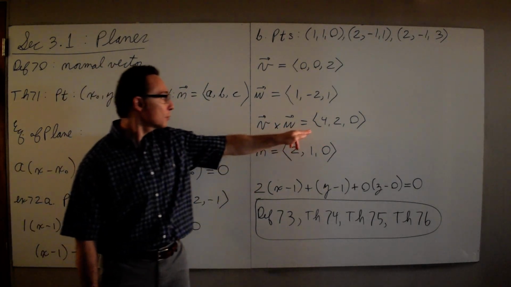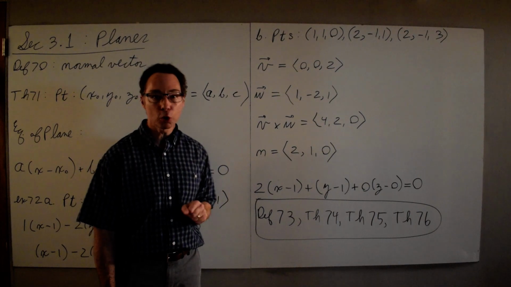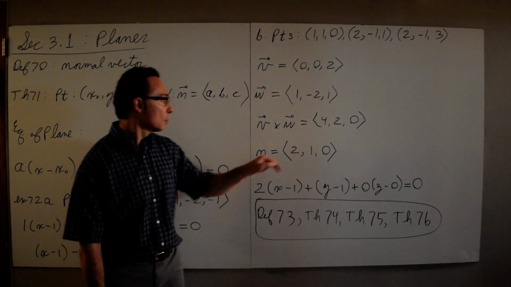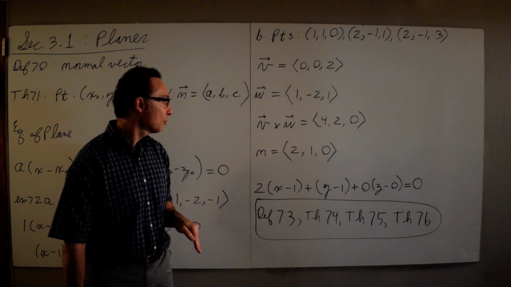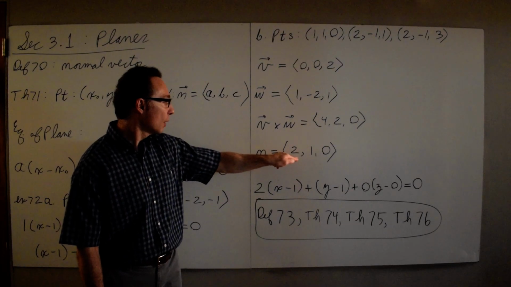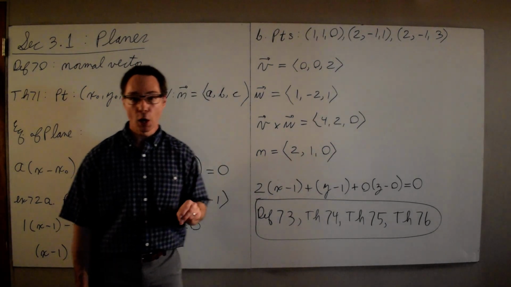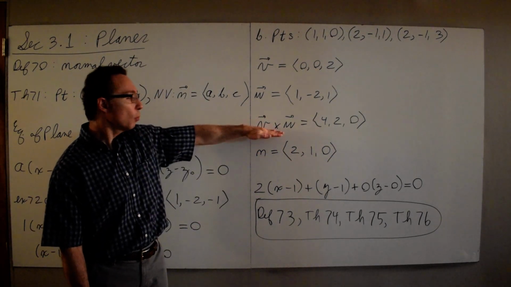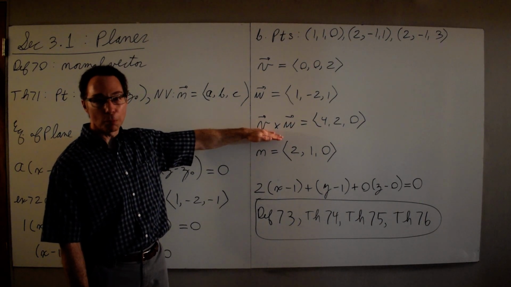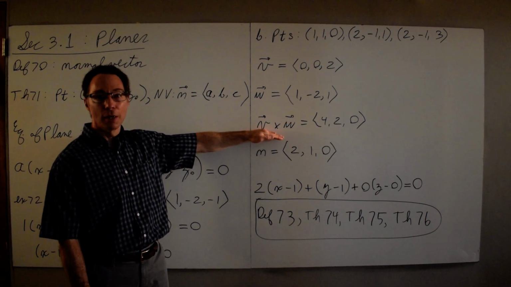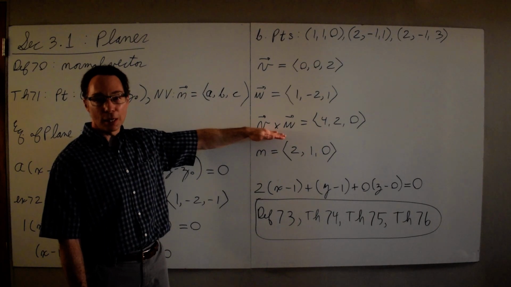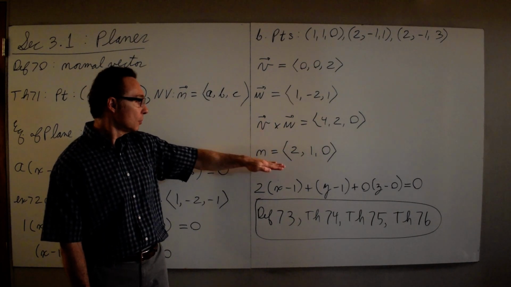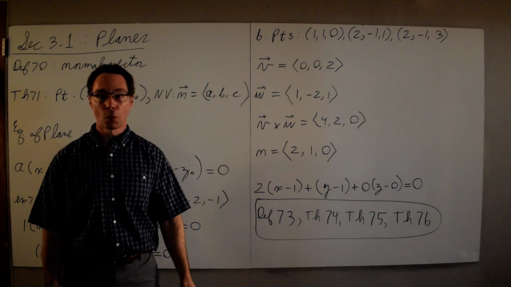I didn't use this vector, I used a scalar multiple of it. Just multiply this vector by 1/2, and we have the normal vector 2, 1, 0, which makes the coefficients smaller. Nothing wrong with this vector. It's orthogonal to the plane as well. It's normal to the plane. This is a normal vector to the plane, but so is this one. This one's easier to work with.